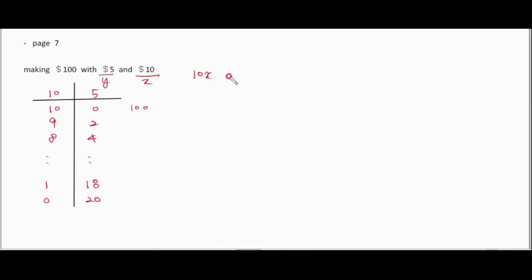Right here, it will be 10x plus 5y equals 100. And because I should also draw the graph, let's change to y equals form: 5y equals minus 10x plus 100. Dividing both sides by 5, y equals minus 2x plus 20.